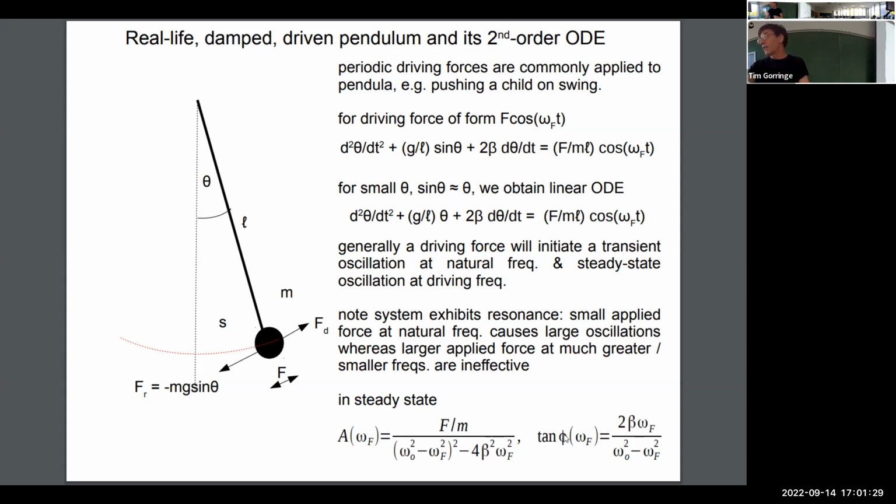And this is the phase with respect to the phase of the driving force. The phase is not in general identical, and is given by this expression that depends on the natural frequency, the driving frequency, and the damping constant.